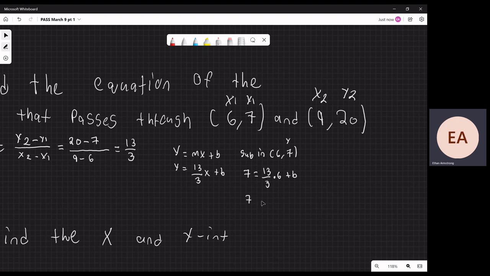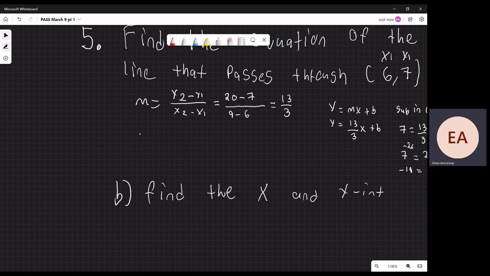Now when we multiply that out, 7 equals 13 over 3 times 6, so that would be 26, plus b. Then we just have to subtract 26 from both sides, and negative 19 equals b.